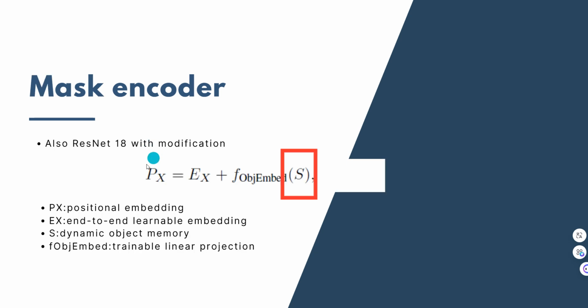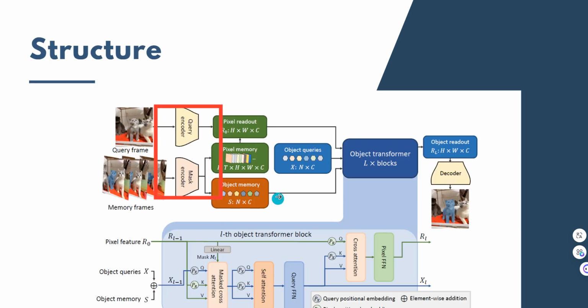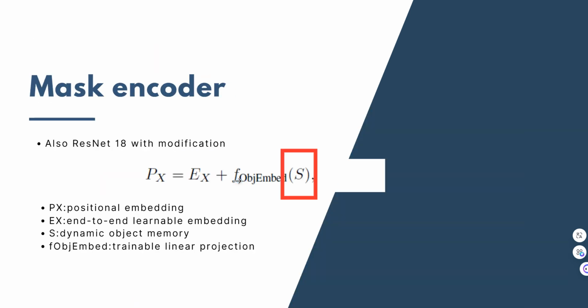The mask encoder is also based on ResNet-18 with a modification. This formula is the positional embedding formula. As we can see, S means the object memory, the data in the object memory, so it will affect the positional embedding. We'll talk about this formula later.